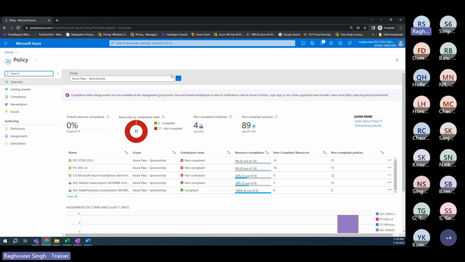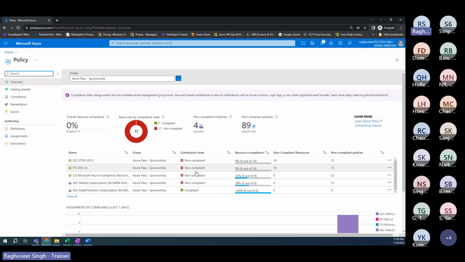So Policy is a service that helps you enforce standards and then assess compliance at scale, assess the current level of compliance. So probably tomorrow we'll come back to this service and we'll see what the level of compliance is. The other thing that you need is some resources. Unless you have some resources configured in the subscription, the policy or these standards will not work properly.